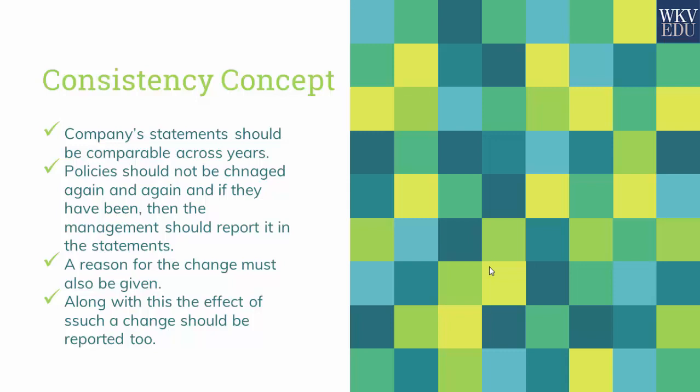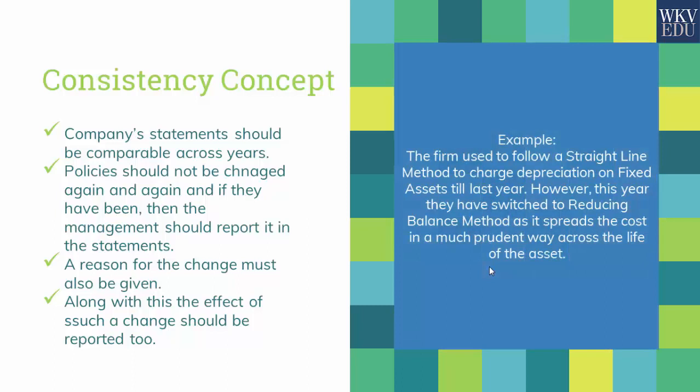So for example, if the firm used to follow a straight line method to charge depreciation on its fixed assets till last year, however this year they have switched to the reducing balance method, then they should report this in their financial statements.